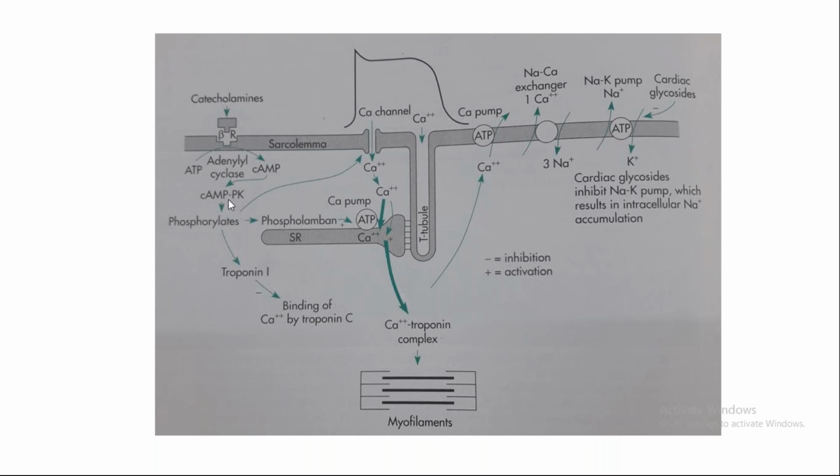This cyclic AMP and protein kinases increase the phosphorylation of different enzymes. Out of these, one is troponin I and one is phospholamban. And phospholamban helps to release the calcium from the sarcoplasmic tubular system, which is not properly developed. So that will lead to increased ionic calcium concentration in the plasma. So ultimately that will lead to the function of the cardiac myocytes.